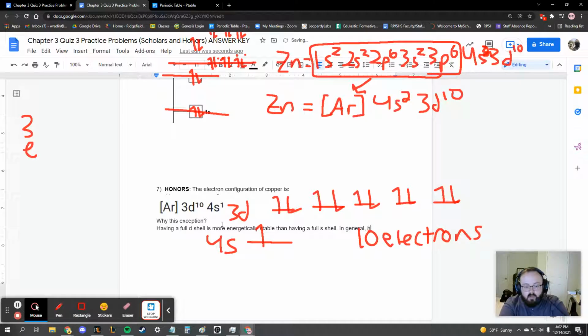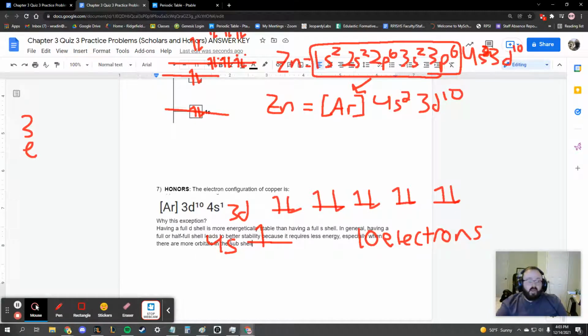In general, having a full or half full shell leads to better stability because it requires less energy. Especially when there are more orbitals in the subshell. So the 3d and the 4s shells are very, very similar in energy.